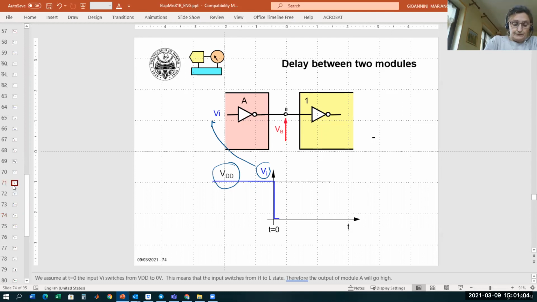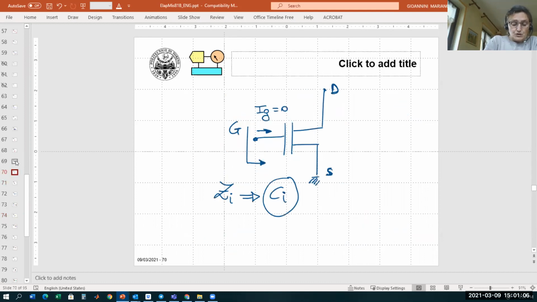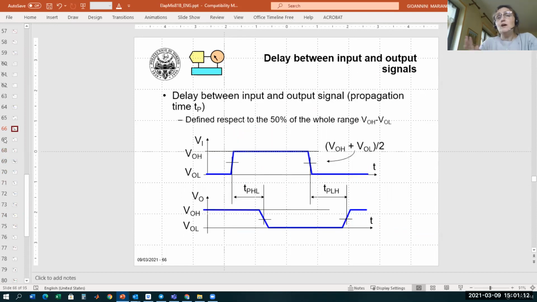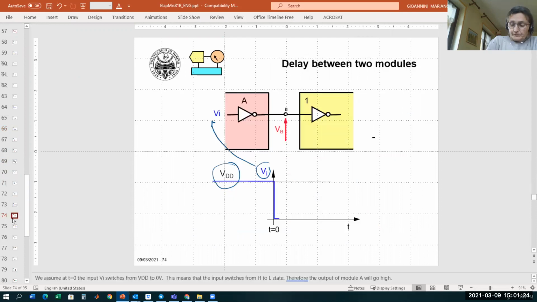As I mentioned at the beginning, it was this line: we have a delay between a variation of the input and the variation of the output voltage. I will demonstrate now that this delay is caused by this capacitance. And this is the demonstration we are starting now.